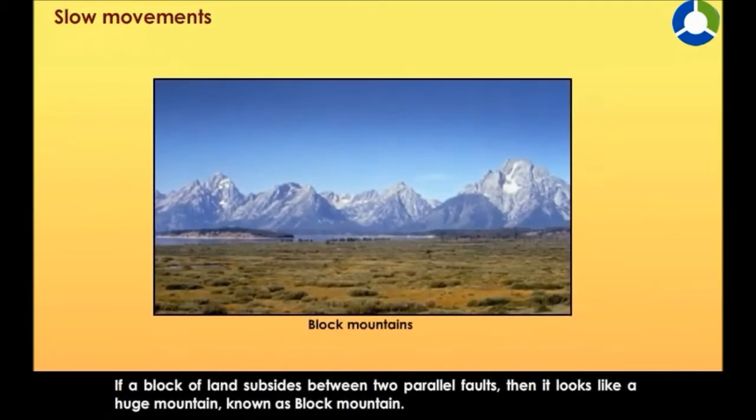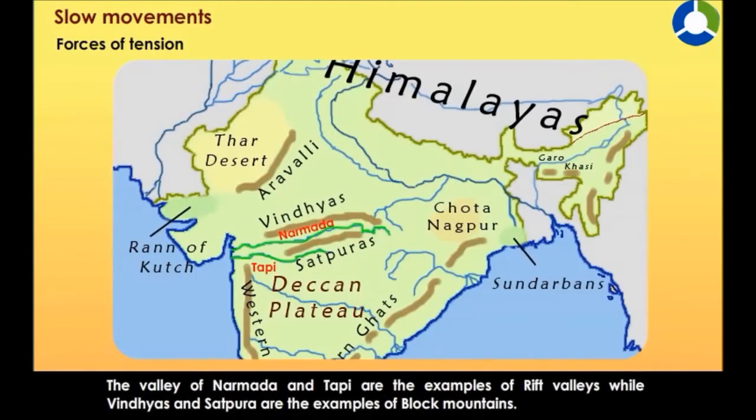If a block of land subsides between two parallel faults, then it looks like a huge mountain known as Block Mountain. The valley of Narmada and Tapi are examples of rift valleys, while Vindhyas and Satpura are the examples of block mountains.